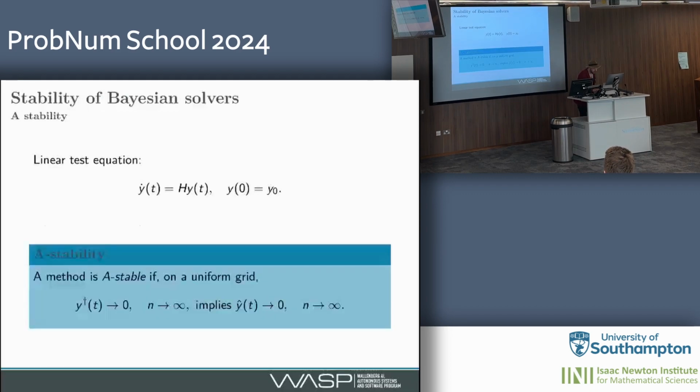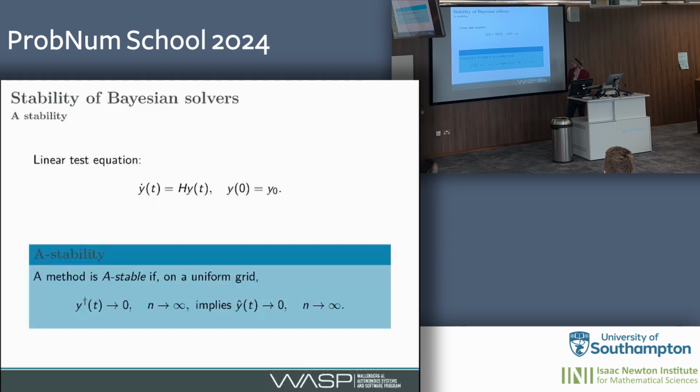And so what's this stability thing? One classical way of formalizing this notion is A-stability. What do you do? Well, you take some linear test equation, y dot of t equals lambda times y of t, and then it might have some initial condition.